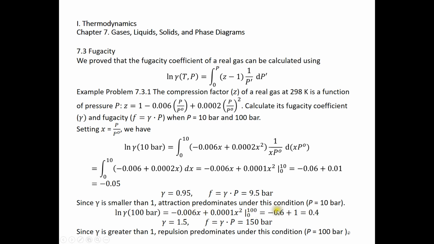Plugging all the numbers, we get 0.4, gamma is 1.5, fugacity is 150 bars. So over here you can see when pressure is 100 bars, actually gamma is greater than 1, fugacity is greater than pressure. It tells you that the repulsion starts to predominate when the pressure is this high.